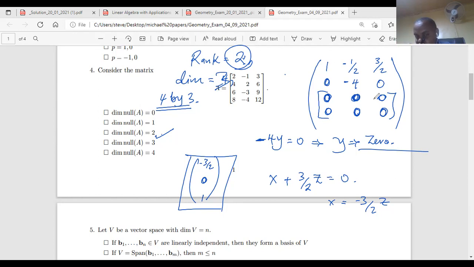But I wrote down that the dimension of nullity is the number of columns minus the rank, so it would be 3 minus 2, which would be 1. But how do you know that the rank is 2? Because I have two linearly independent rows.